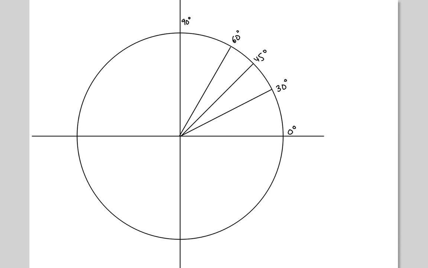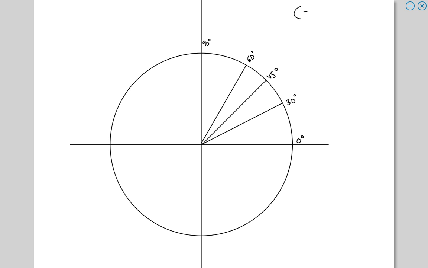And before you start, on the top of this page, this just says cos x and sin x. Actually let's not use x because you're going to be using x for your coordinates.